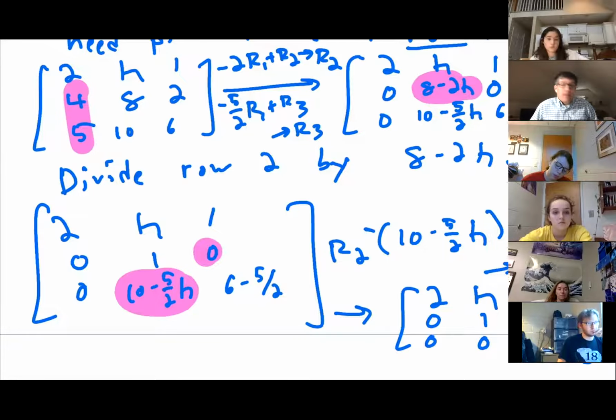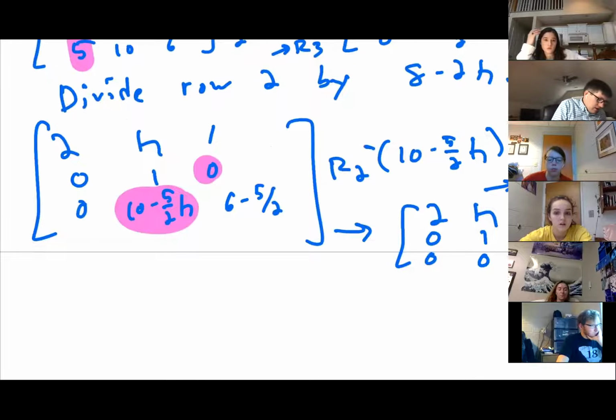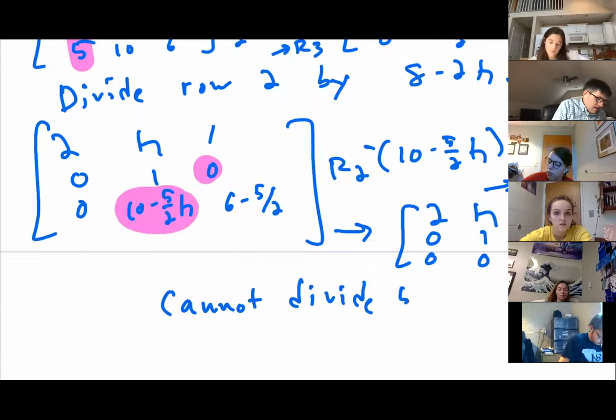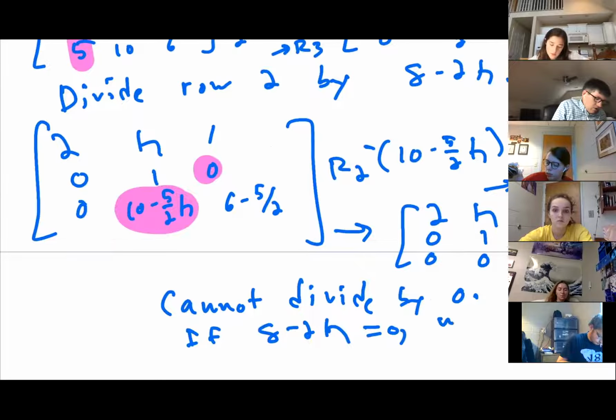I can't divide by 0, right? I cannot divide by 0. So I'll just note: cannot divide by 0. So if 8 minus 2h is equal to 0, we have problems.